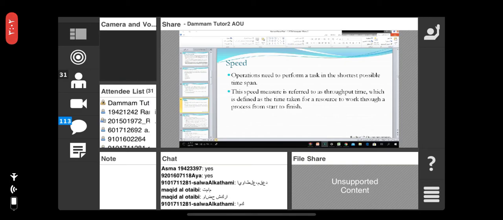For pizza, if you have a pizza restaurant, imagine you take 40 minutes or 1 hour, he's gonna return, because speed is very important criterion for your business. Speed measure referred to through it's big measurement for the customer if he needs some products.